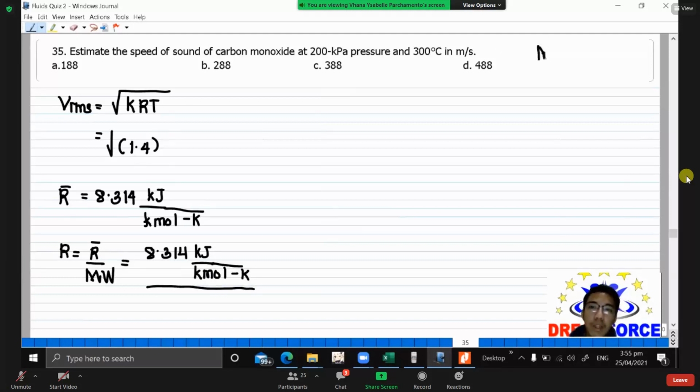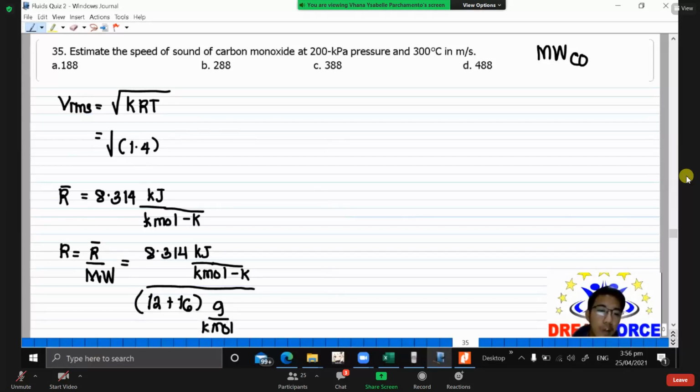Take note, ang carbon monoxide is CO only. So, ano yung kanyang molecular weight? Carbon is 12 plus oxygen is 16, tama ba? Anong unit? Grams per mole.